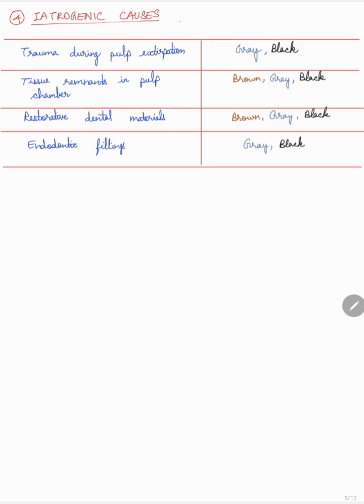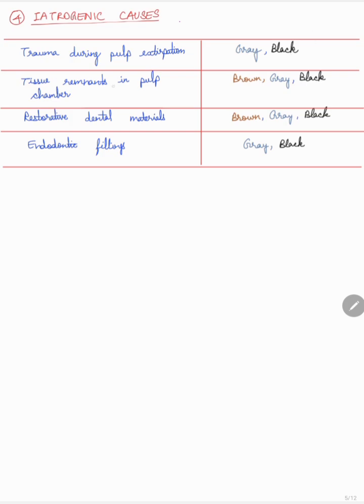In iatrogenic causes, the first reason may be trauma during pulp extirpation, where there might be presence of vital pulp near the apices, so it is an iatrogenic cause. It may cause grey or black tooth discoloration.